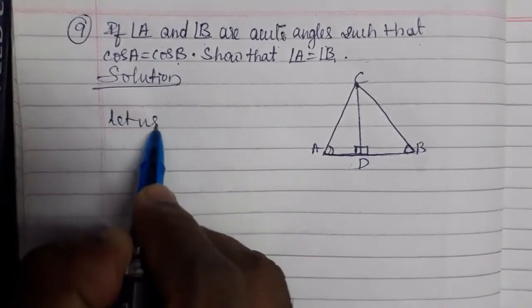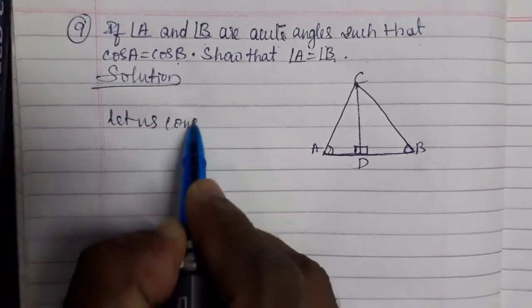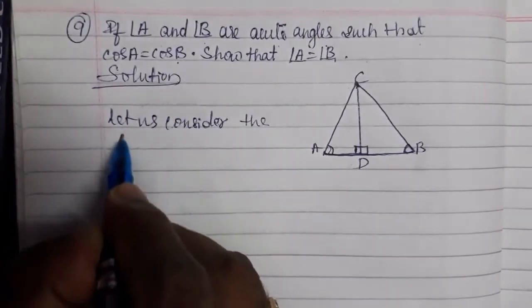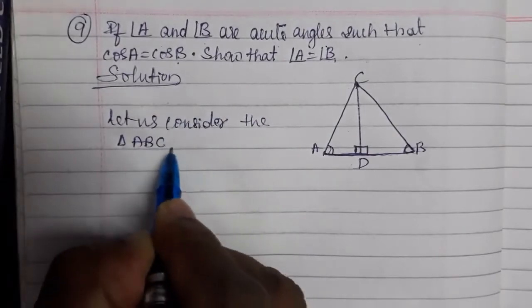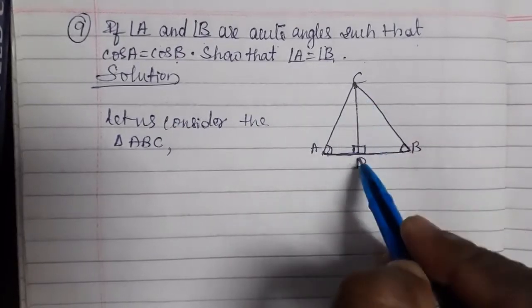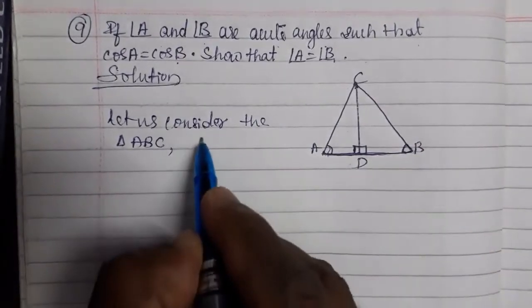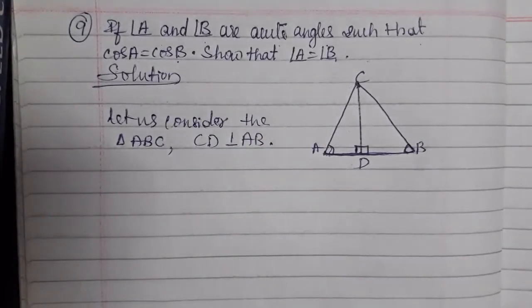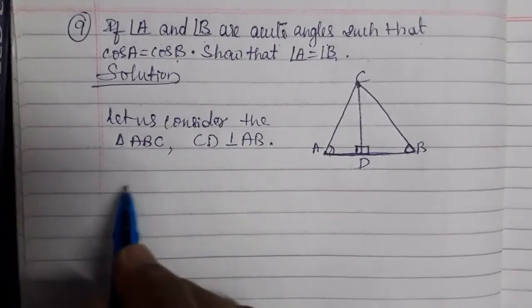Let us consider the triangle ABC. Okay. So here what I have taken, A and B are acute angles. CD is perpendicular to AB. Now, what is the condition given to us?